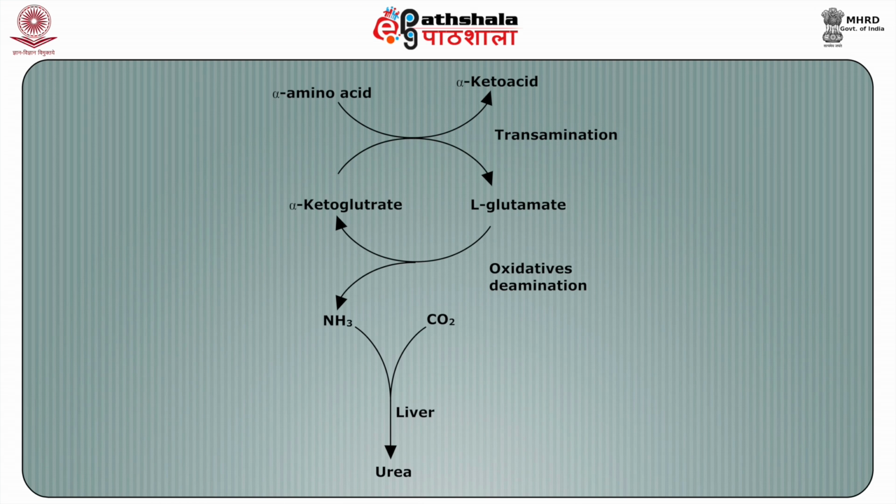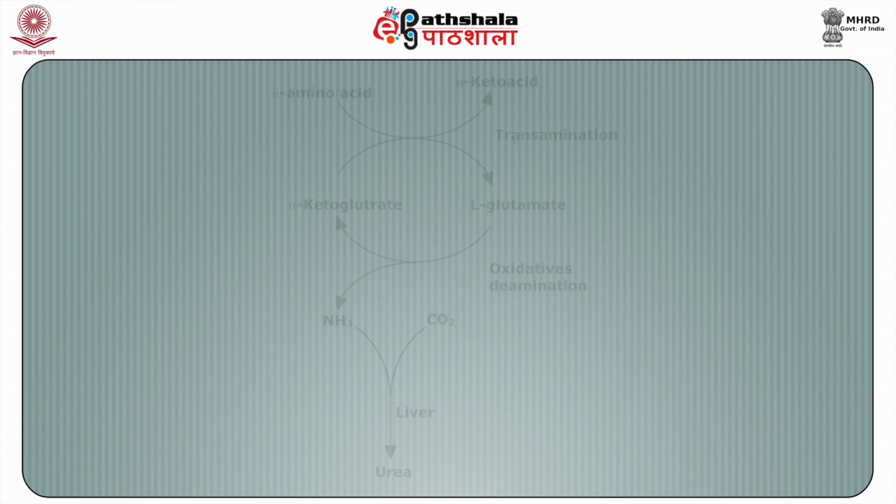Most amino acids can undergo transamination but very little oxidative deamination. Glutamate is the only amino acid which undergoes both. The combined transamination and oxidative deamination leads to removal of ammonia and its transport to the liver for urea formation.